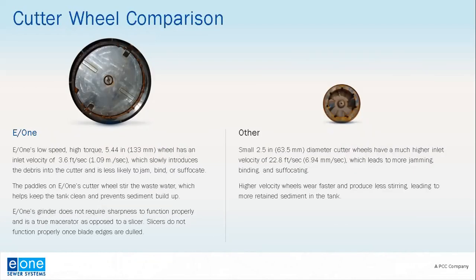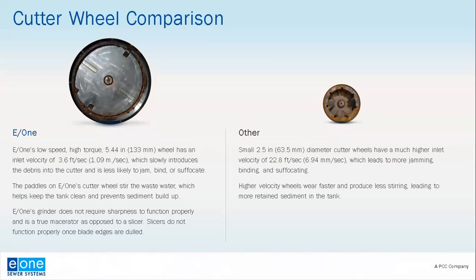The other thing I'd like to mention is there are 2 paddles on the E1 cutter wheel, and those are there to create turbulence inside of the tank. One of the things that we noticed over the years is a lot of municipalities that were using centrifugal pumps would budget for preventative maintenance campaigns where once a year, maybe twice a year, they go out and pump out all their stations. Again, this is not E1.